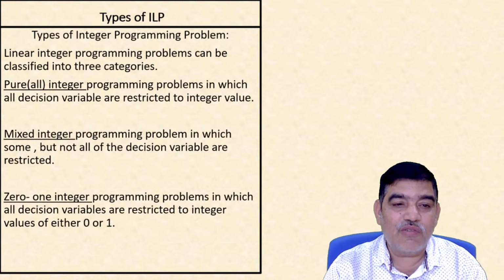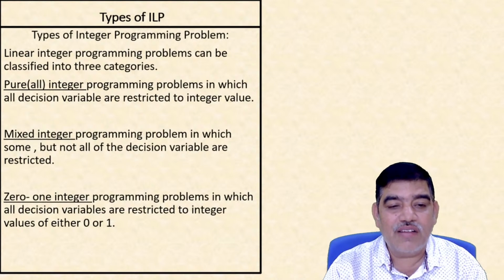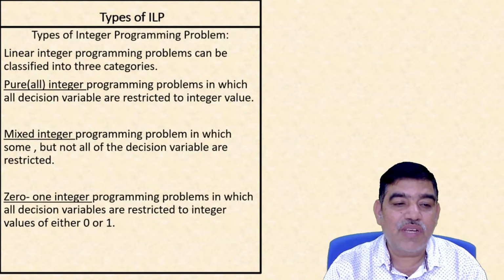Similarly, when some of the decision variables are integer and some are real or fractions, that is called a mixed integer programming problem.